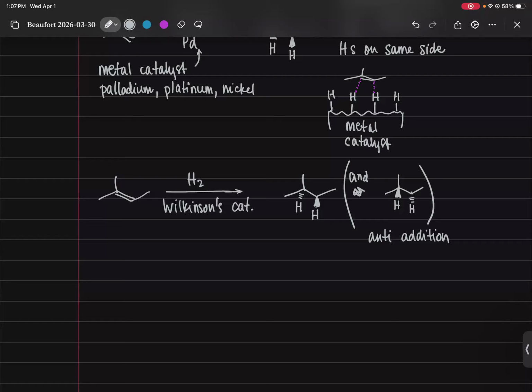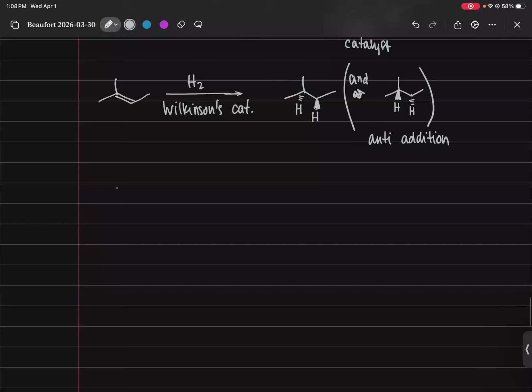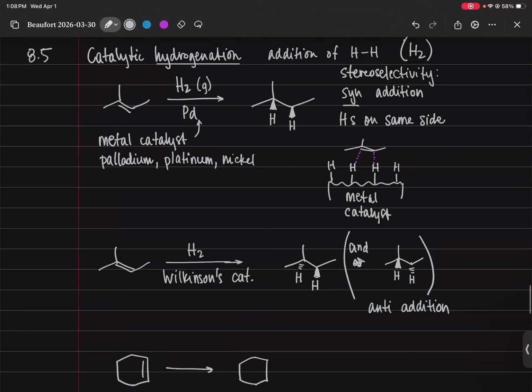How do I know, just saying on the left side, that I need to use Wilkinson's catalyst? So if I give you just this with no stereochemistry indicated, is that what you're asking? It doesn't matter. In real life, you would just use palladium because it's cheaper, but for our purposes, either one works fine.